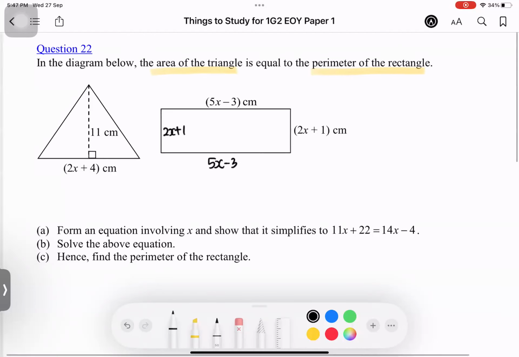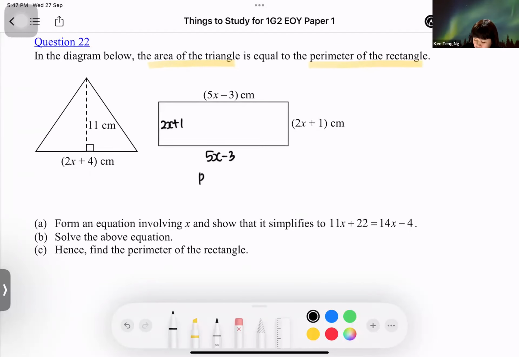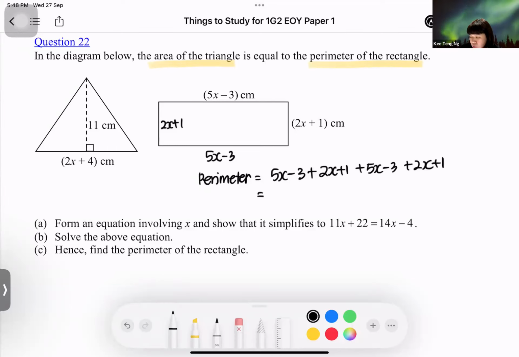How do we find the perimeter first? Perimeter equals 5x minus 3 plus 2x plus 1. Everybody help. We simplify this, then we finish this question.